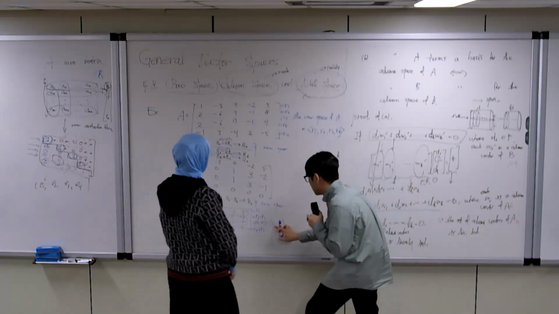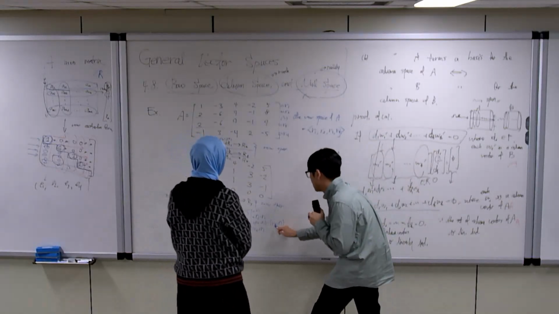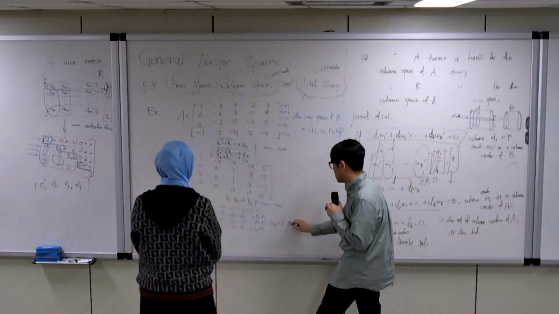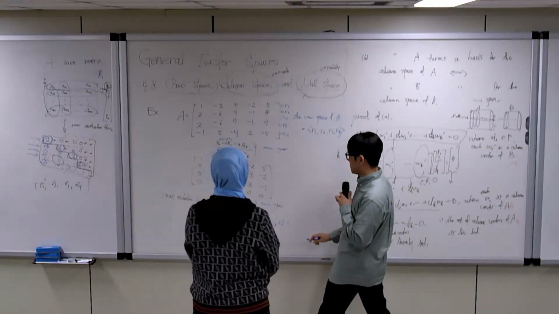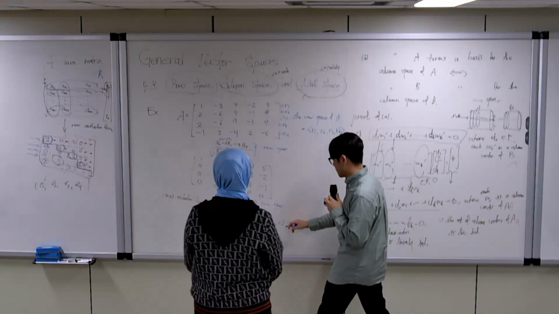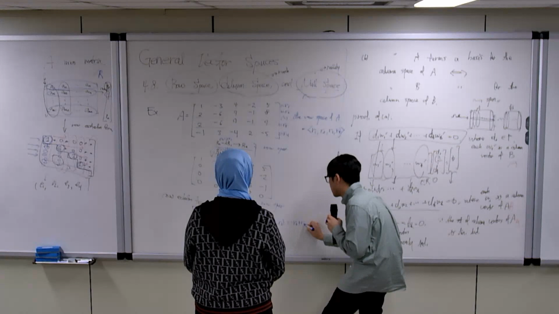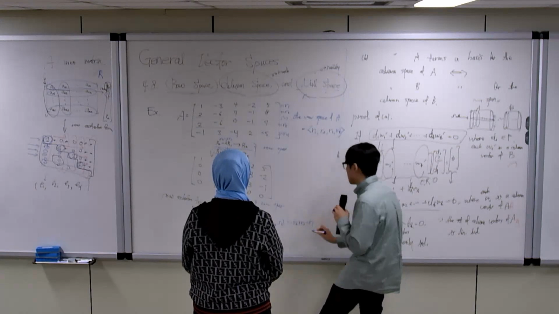Now R3 minus R2. Then calculate minus R3 plus R2 minus R1.